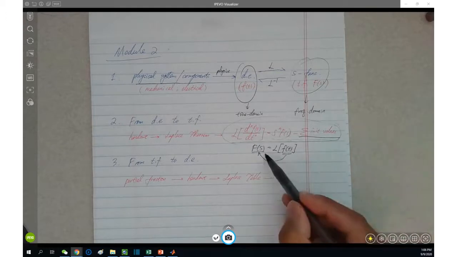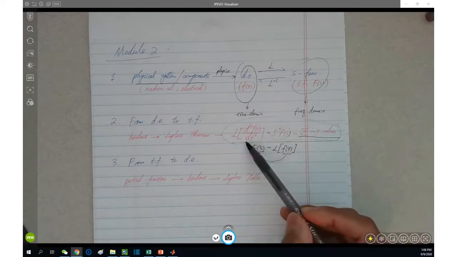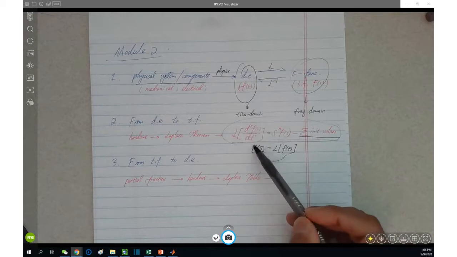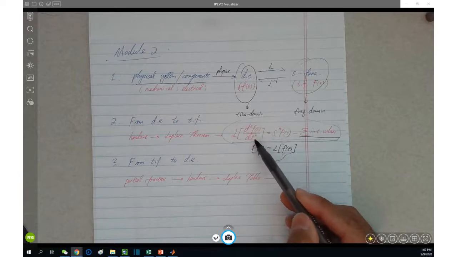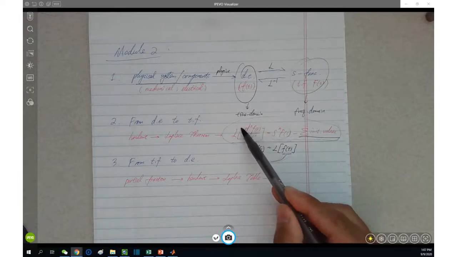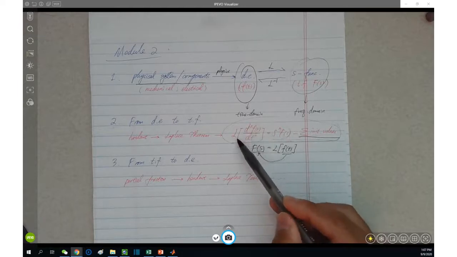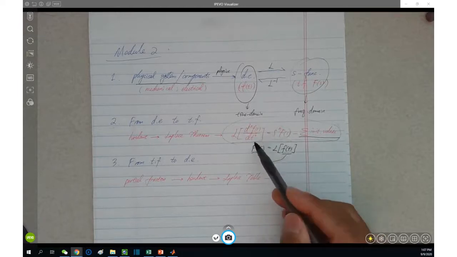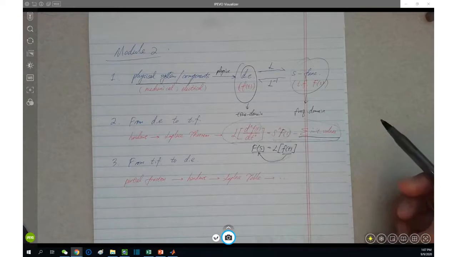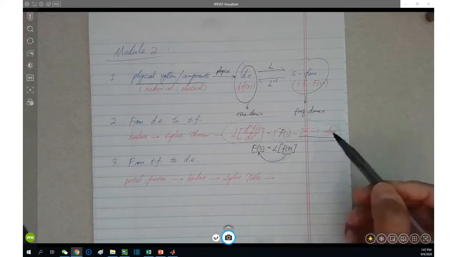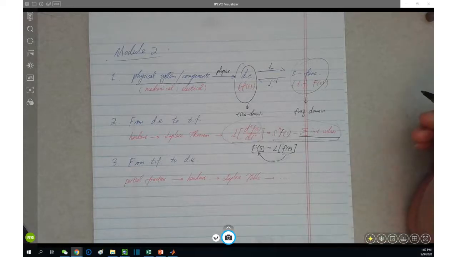Based on this, we are developing further to the derivative. If you have an nth order derivative of lowercase f of t with respect to time t, the Laplace transform result, or say the corresponding transfer function of this derivative, is equal to s to the n times capital F of s, and of course minus the summation of a bunch of initial values.